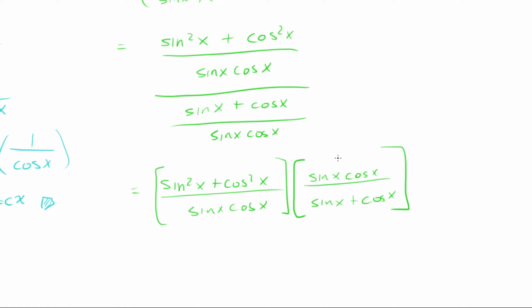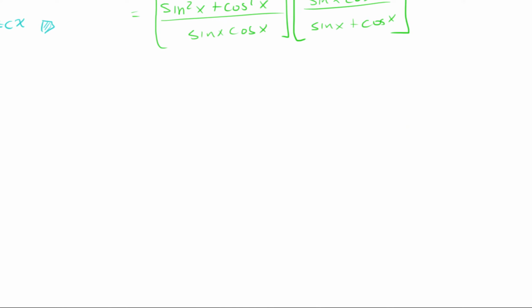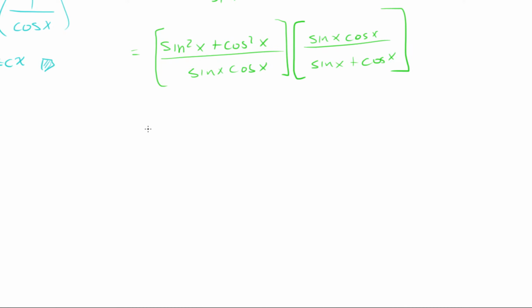From here, you do not want to multiply them, okay? It sounds unintuitive, I know, and I've said it before. What you want to do is use the commutative law of multiplication, meaning I'm going to switch these two around. Now, I can go ahead and simplify sine squared of x plus cosine squared of x. That's equal to 1, okay?